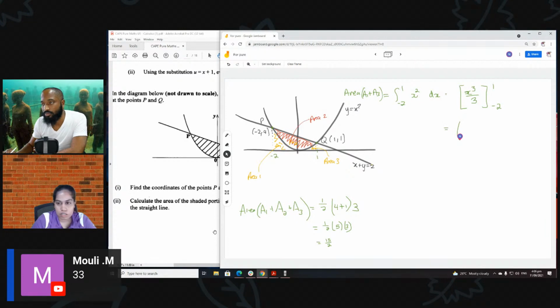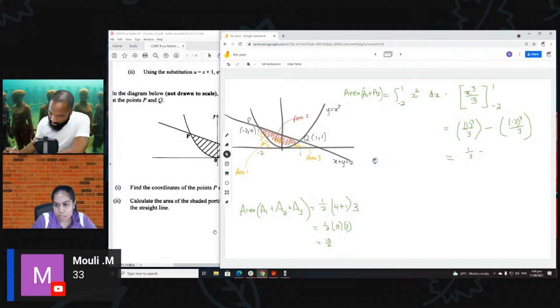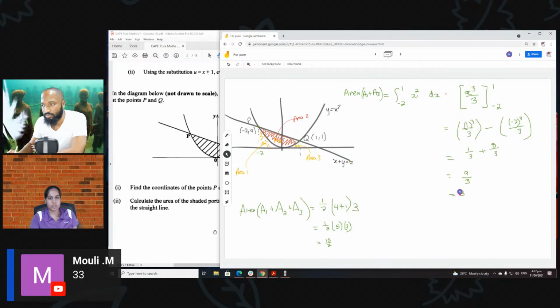So substituting, we would have 1/3 minus (-2)³/3. You can use a calculator to help you, but this would be a third minus -8/3, which is positive, so 9/3, which will give you 3. And that's the area of A1 and A3. And what we're trying to find is A2.